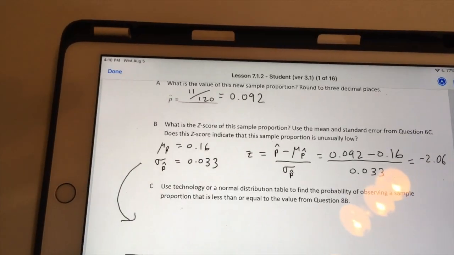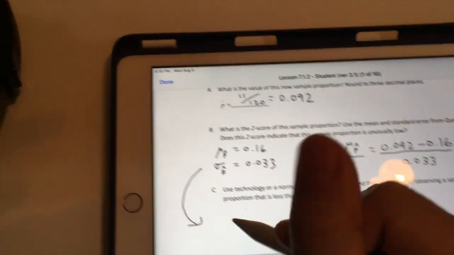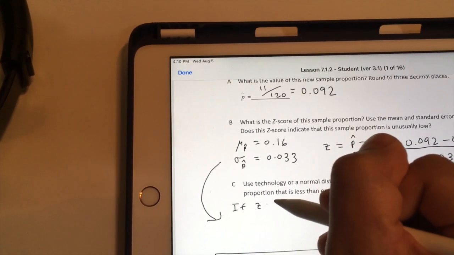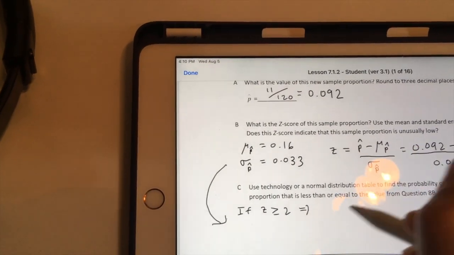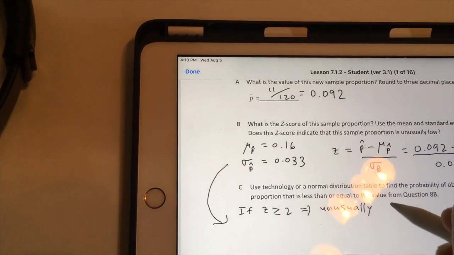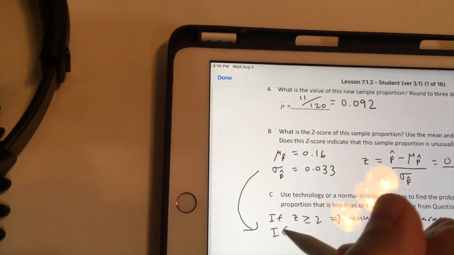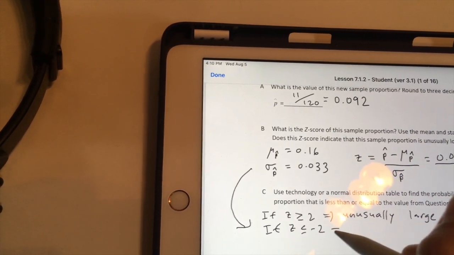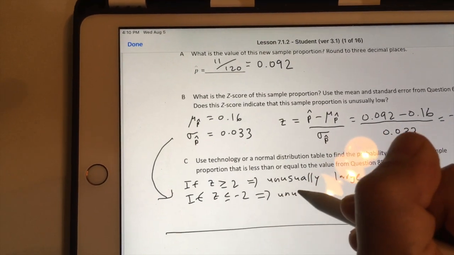Let me remind you of a general rule from Math 21A. If z is bigger than 2, then that means it's unusually large. And if z is smaller than -2, then that means it's unusually small.